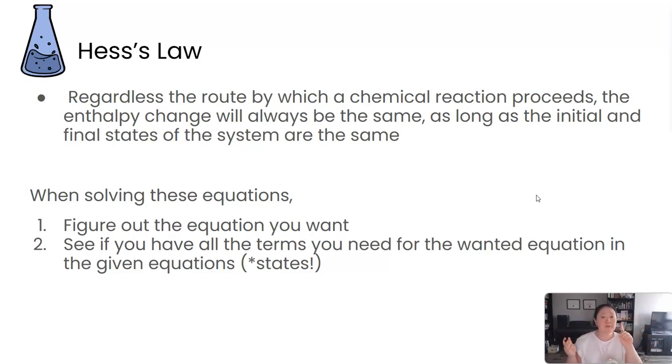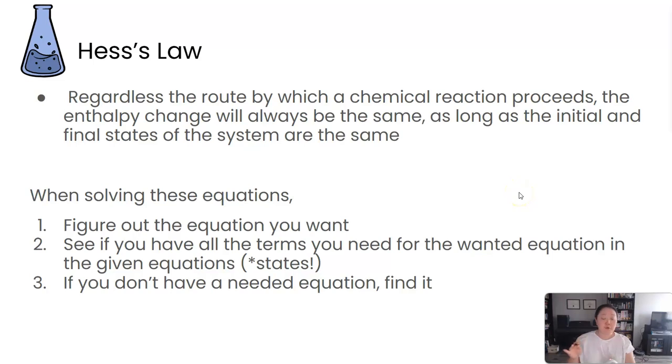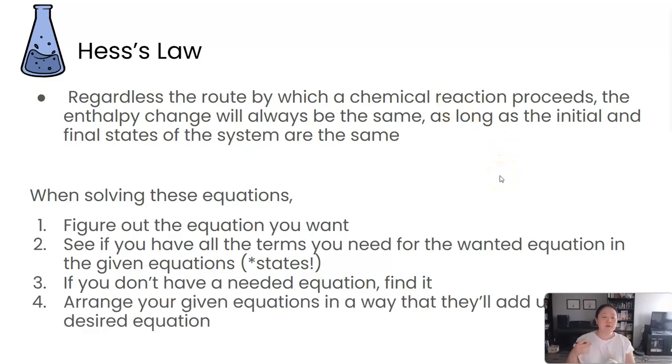And here I'm going to remind you that states are incredibly important. If your states don't match up, you're going to need other data to add in to make sure those states do match up. If you don't have a needed equation, and it's not given in the question itself, go and find it from those various references, and then arrange your given equations in a way that they'll add up to the desired equation.